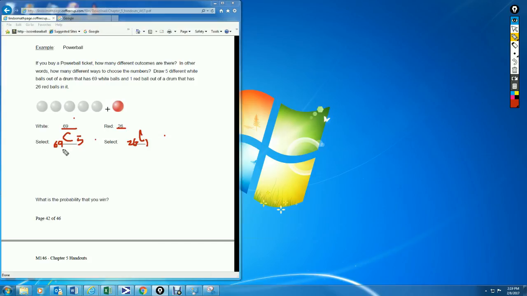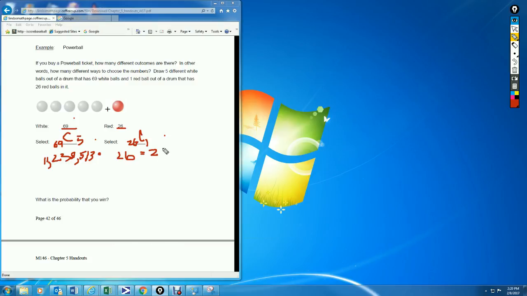So if you do C(69,5), you should get 11,238,513, and then multiply that by 26.